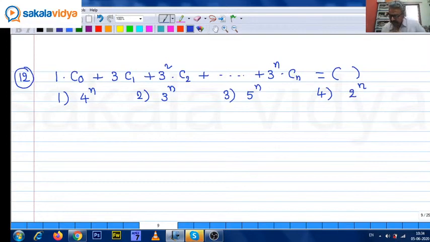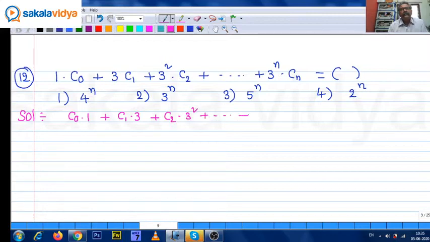Right. So now let me read the question. 1 times C0 plus 3 times C1, 3 square times C2 and so on, 3 to the n times Cn. Let it be rewritten. The given series can be rewritten like this: C0 into 1 plus C1 into 3 plus C2 into 3 square and so on, Cn into 3 power n.